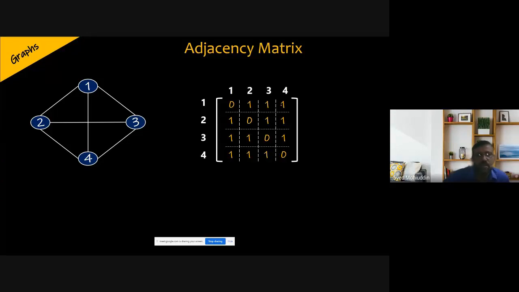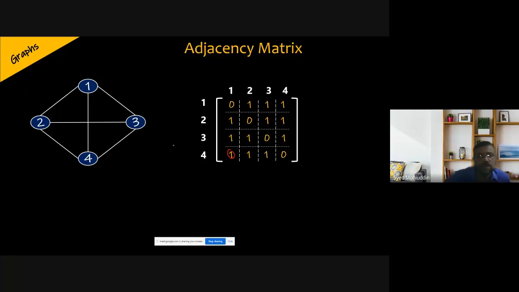This is for an undirected graph. So when there is an edge between 1 to 4, there should also be an edge between 4 to 1. So the first row, 4th column is 1, and the 4th row, 1st column is also 1. So this is an undirected graph.